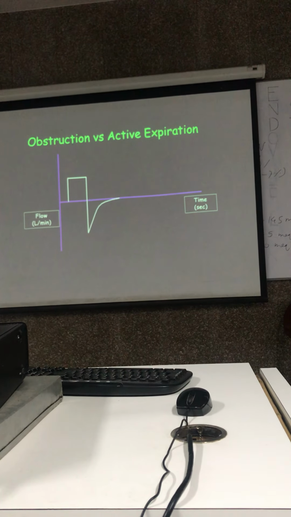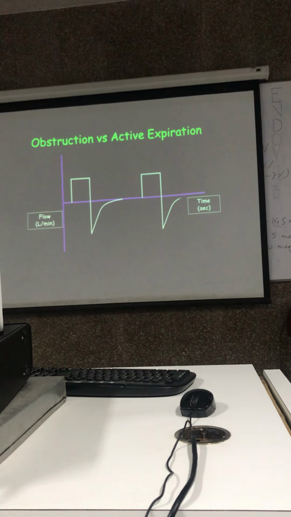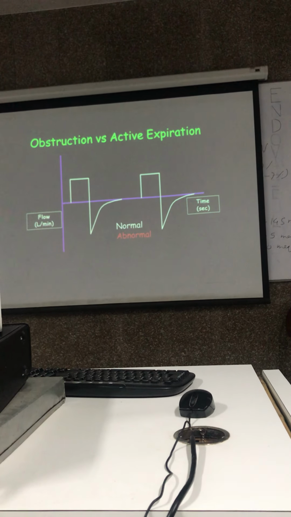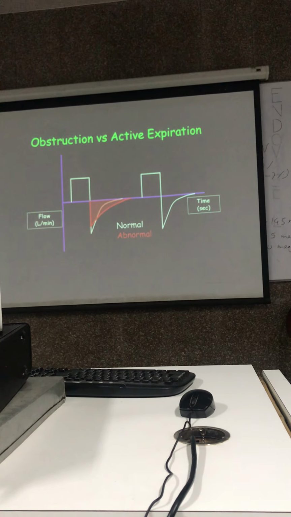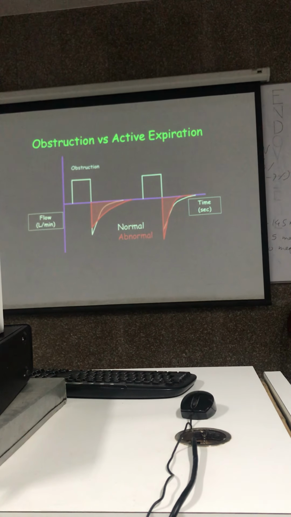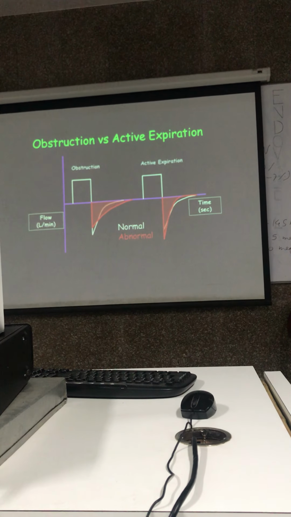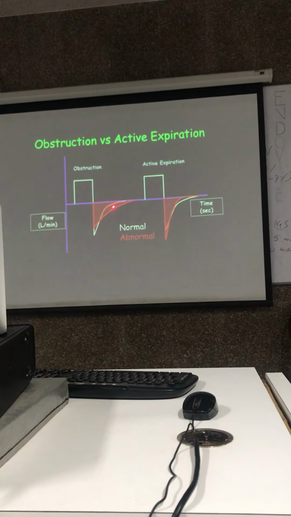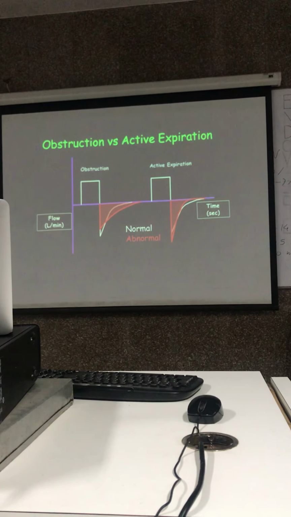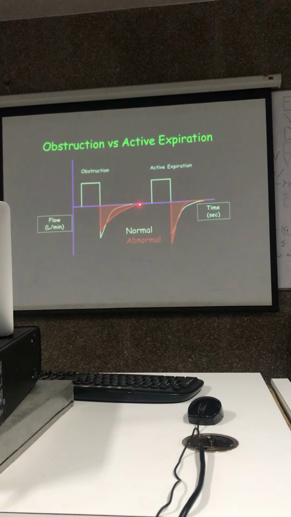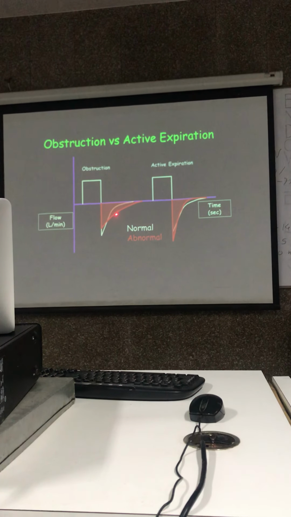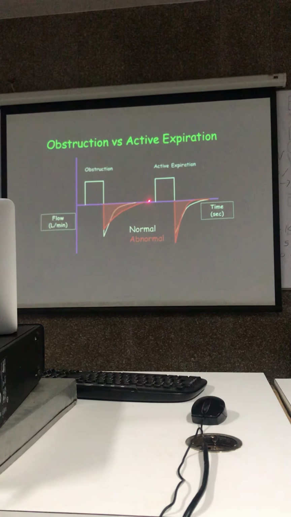Okay. Now let's look at obstruction versus active expiration. Now if you look at this, the white one is the normal flow pattern. So if there is obstruction, you will find that the expiration limb prolongs longer.